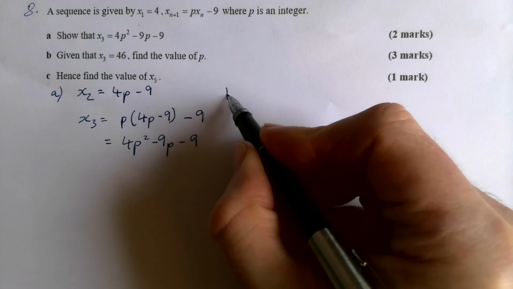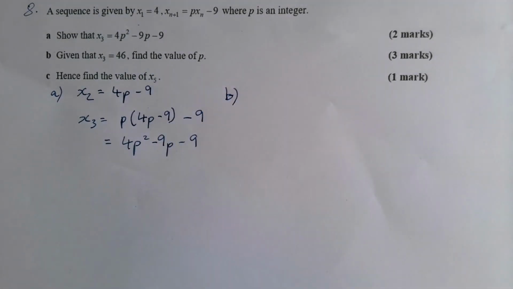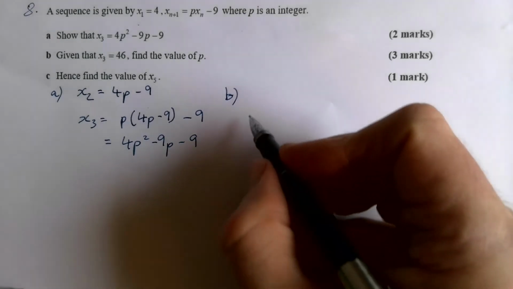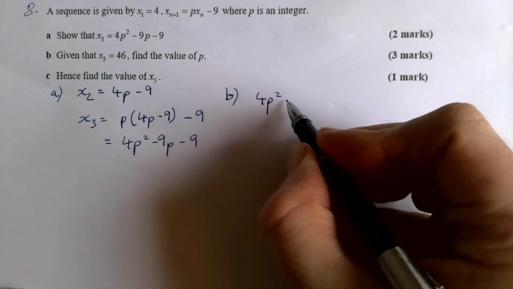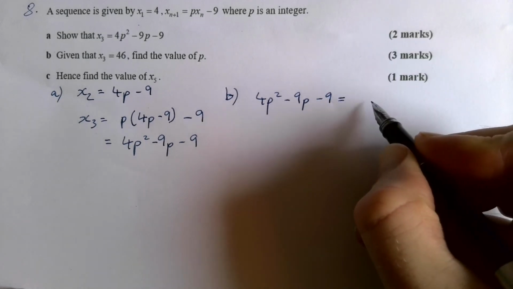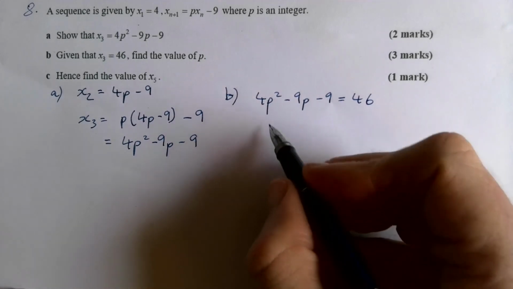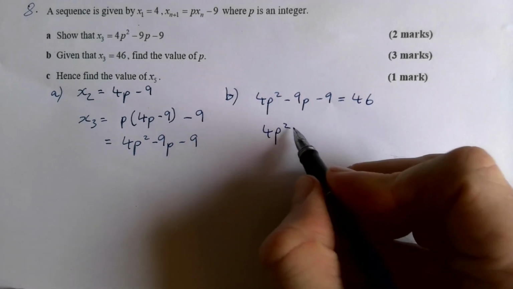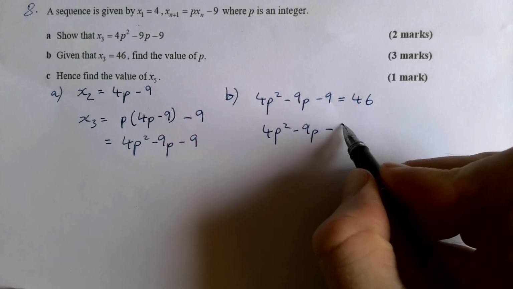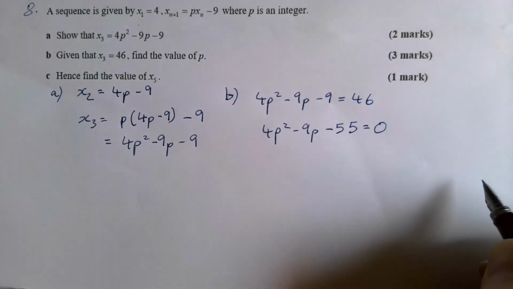Part B, finding the value of p. This is the trickiest part of it. All you have to do though, is solving a quadratic that has got a coefficient of 4. Take 46 from both sides, you get 4p squared take 9p take 55 equals 0.